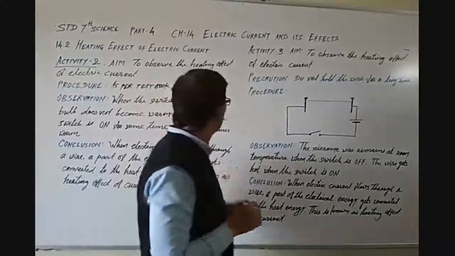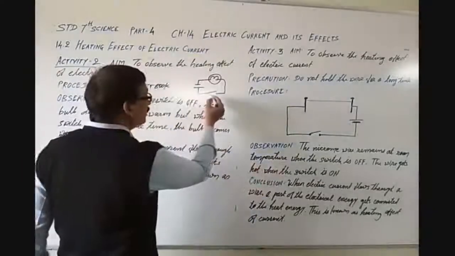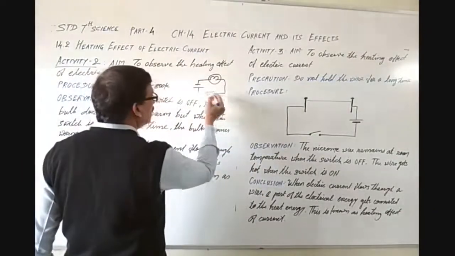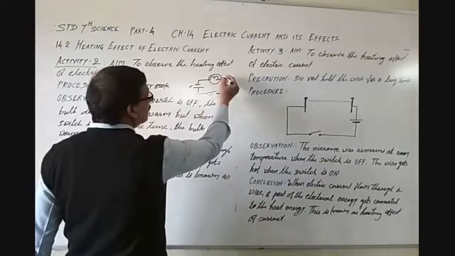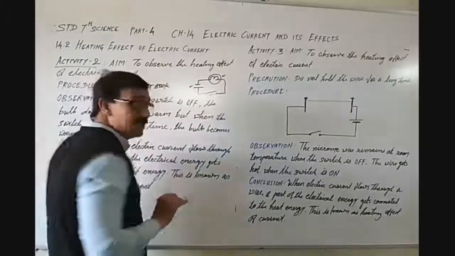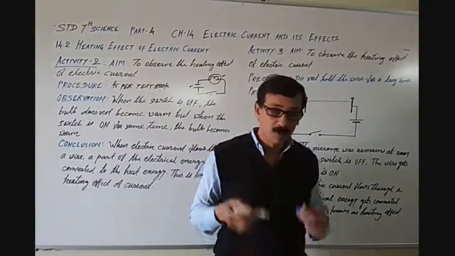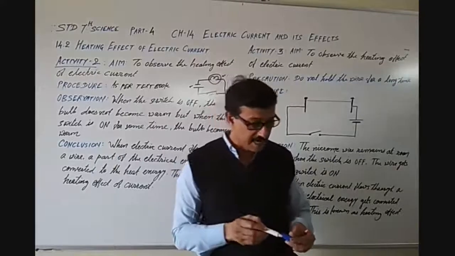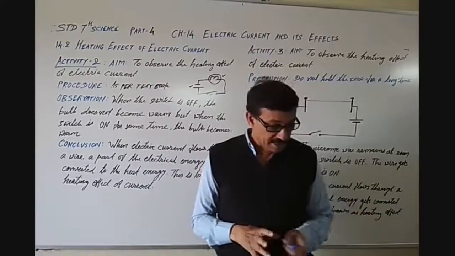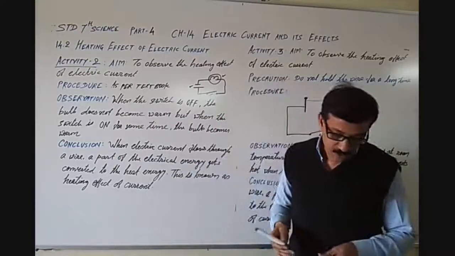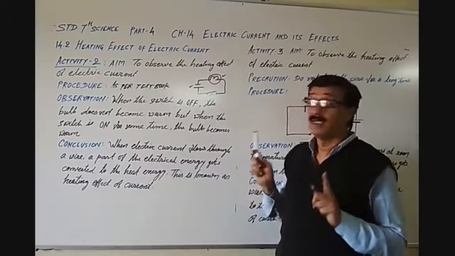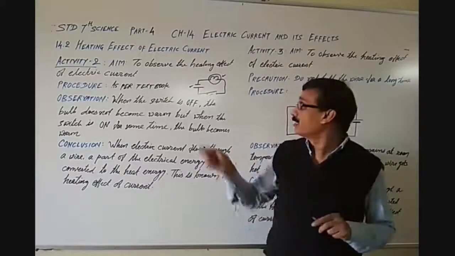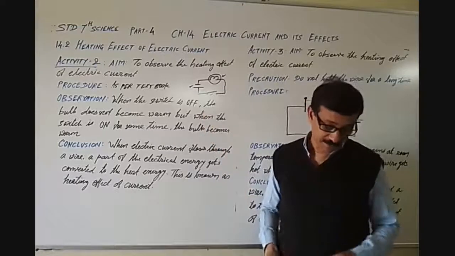This is a switch, isn't it? This is a cell and this is a bulb, and these are the connecting wires. That is what you will require for this activity. This activity has to be done using only one cell.